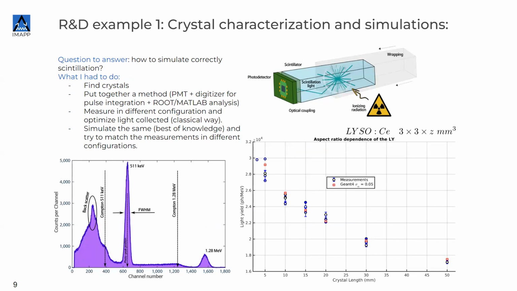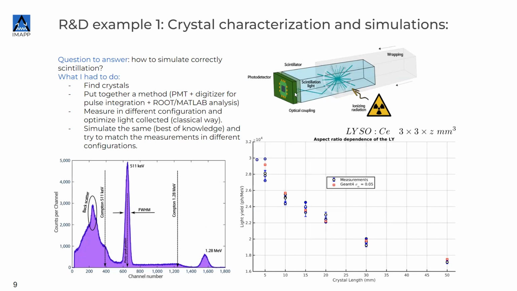You have to find the crystals, which can be in the lab, or you have to buy them. And then you have to put together a method to measure them, because before you simulate, you have to understand what you have in your hands. So you first characterize, then you want to simulate what you characterized, and then maybe you can extrapolate from this simulation to obtain something which is not related to what you are doing in the lab. So in this case, it was okay.